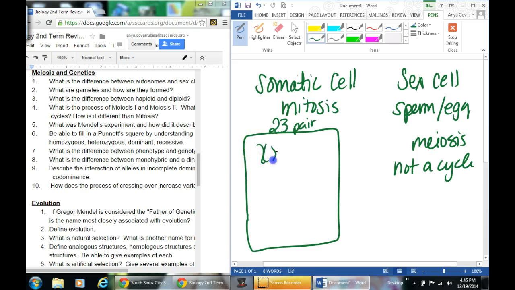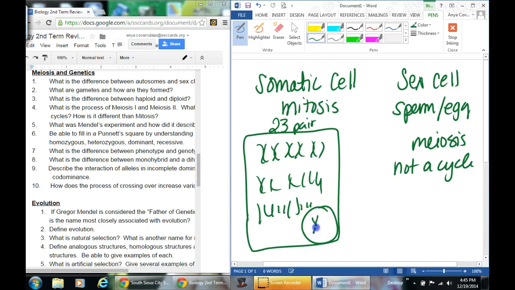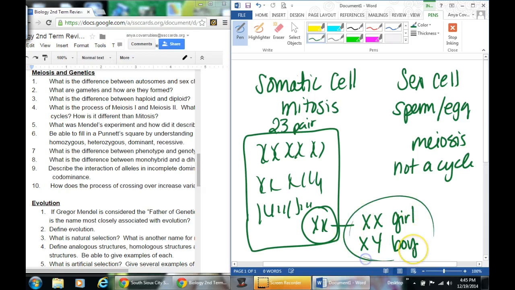All of these are going to be autosomes, except for 2 of them. And these 2 chromosomes are either going to be XX or XY. XX is going to be the girl, and XY is going to be the boy. So sex chromosomes are going to be what determines the girl or boy.